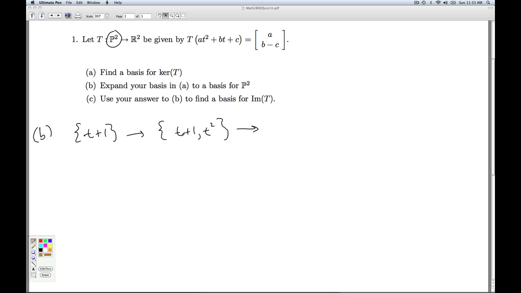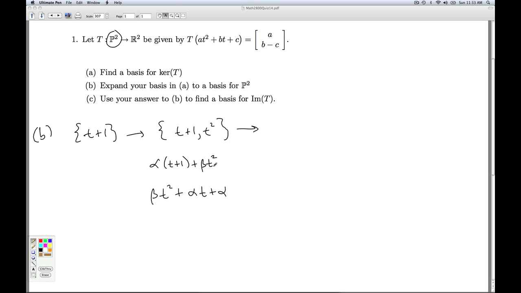So if I think of what the span of this is going to be, it's alpha times t plus 1, plus beta t squared. And so I'm going to have polynomials that look like beta t squared plus alpha t plus alpha. So as long as I can pick a polynomial that doesn't have this pattern to it, I'll be fine.